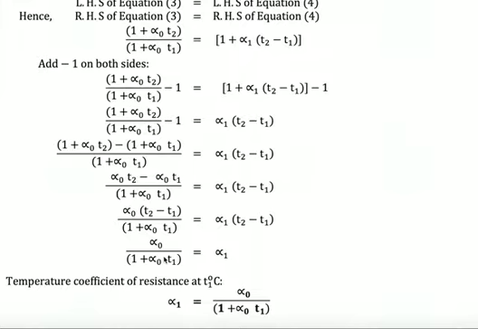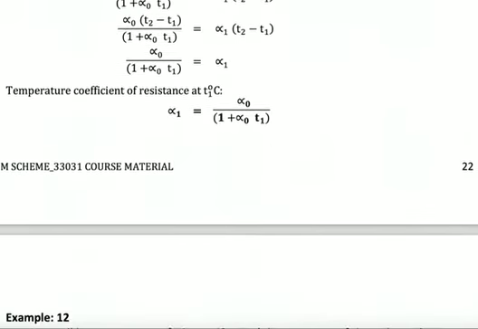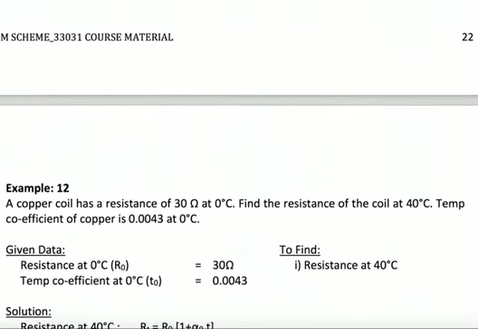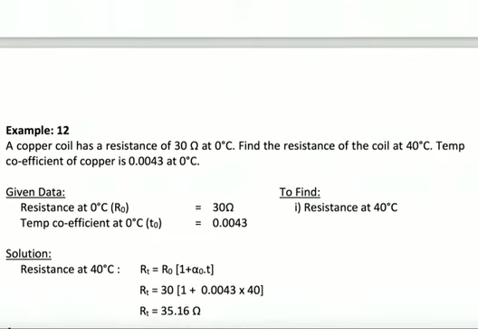Alpha 1, send this one this side. You will get this equation. Alpha 1 will be nothing but alpha naught by 1 plus alpha naught T1. So temperature coefficient of resistance at T1 degree C is alpha 1 equal to alpha naught by 1 plus alpha naught T1.